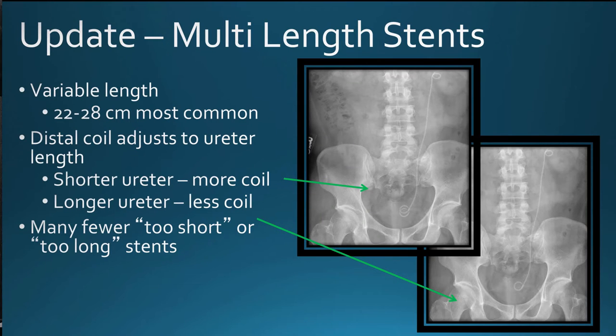One thing that's recently been developed to try and reduce the incidence of malposition stents is creating a multi-length stent. I will tell you, there are multiple ways to try and determine what's the appropriate length stent.